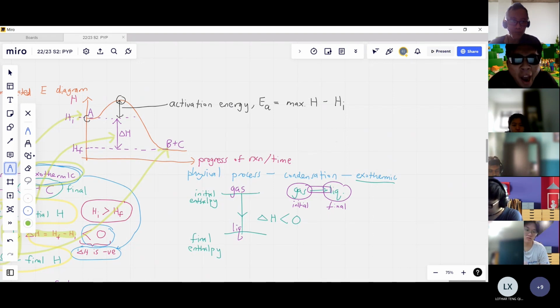This is the initial entropy. Okay, so the height difference between maximum and initial will give you activation energy.